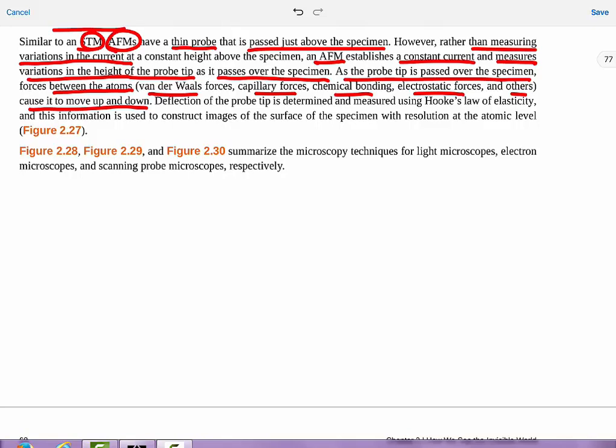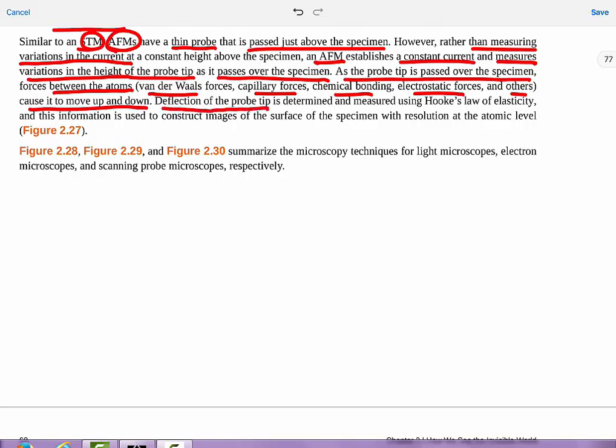And as the probe tip is going over the specimen, it's going to be picking up on the differences, like the measurements between the different atoms. So it's going to pick up on the forces, these minuscule little forces that are going on within atoms and between atoms, and that will cause that probe tip to move up and down.